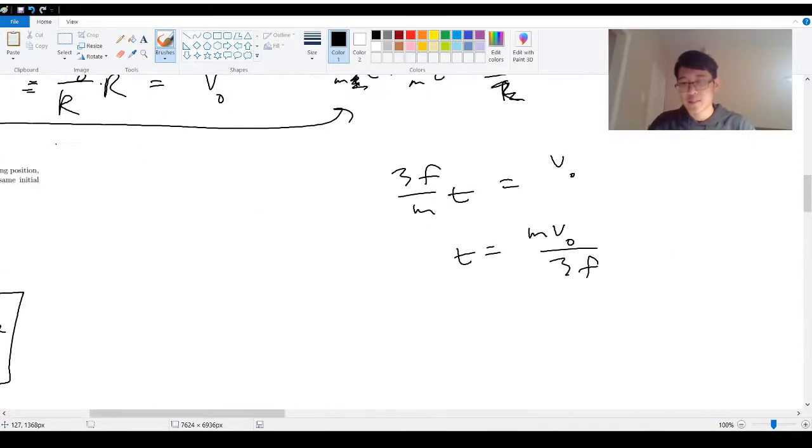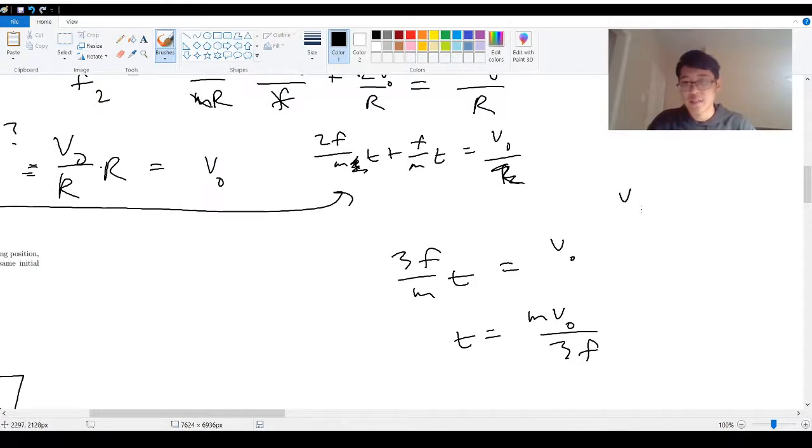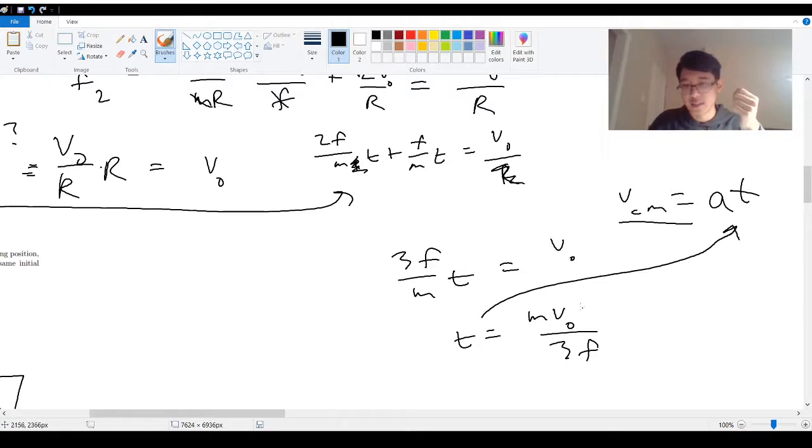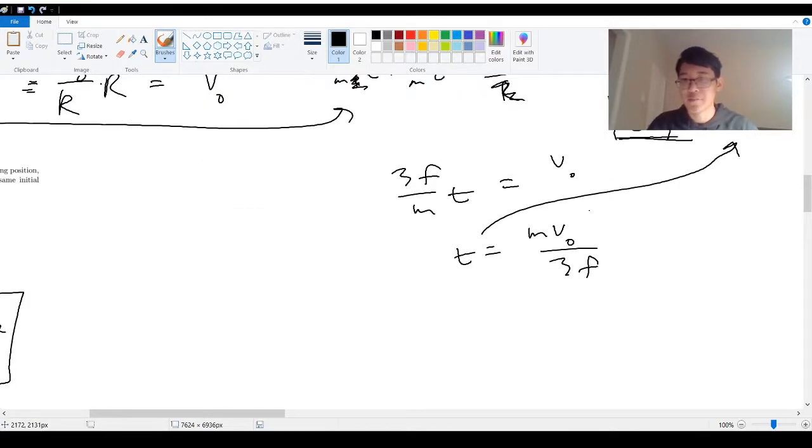Okay, and what that means is that instead of the velocity of center of mass continuously increasing, it is going to stay constant. And it's going to stay constant at a times t, where t is the time that it takes to get to the condition of rolling without slipping. And then the time that it takes to get back to the original position is going to depend on how much time it takes to go at a constant velocity now.